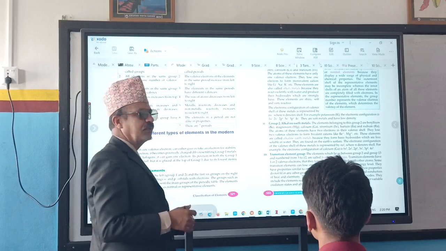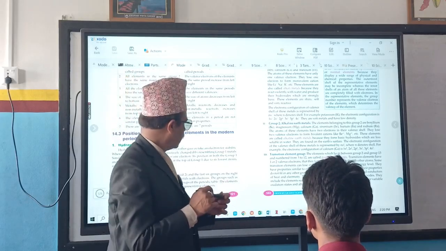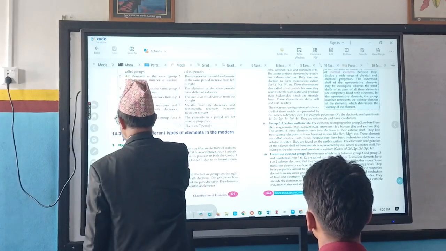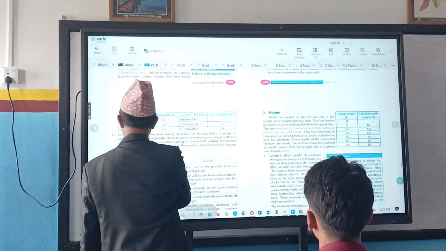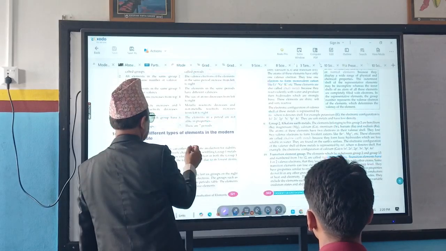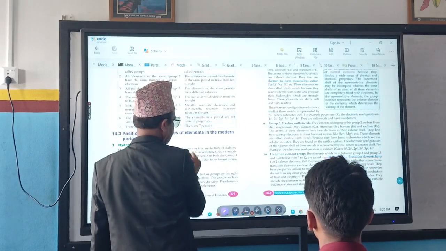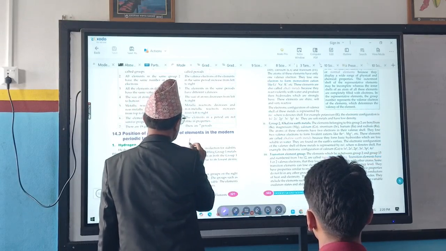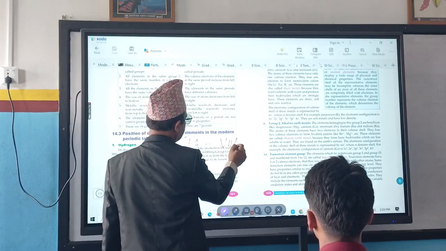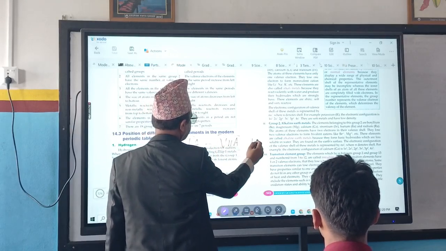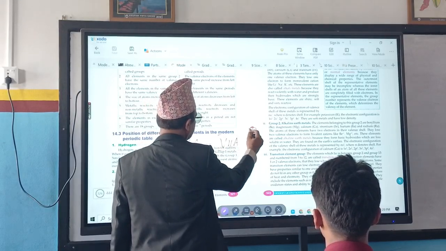So representative elements mean those elements which are kept in group 1A to 7A and group 18 or 0.